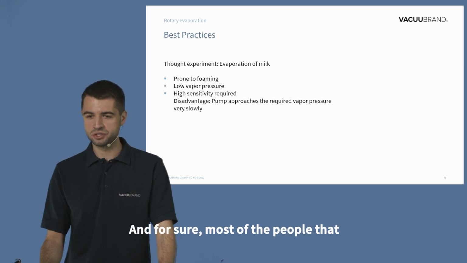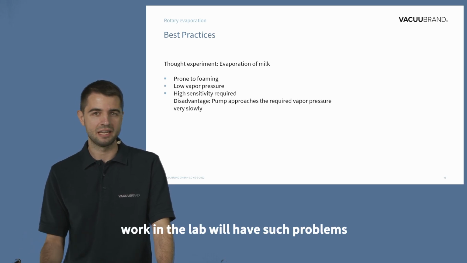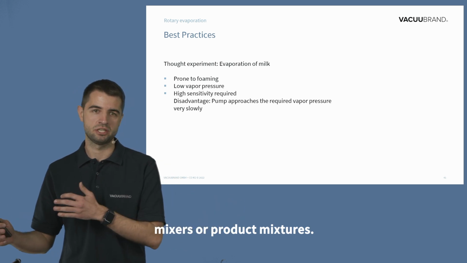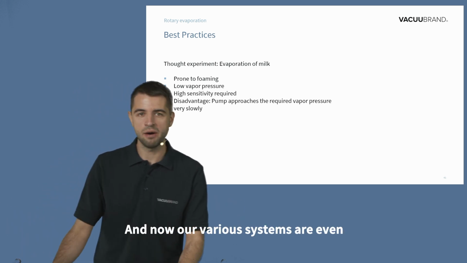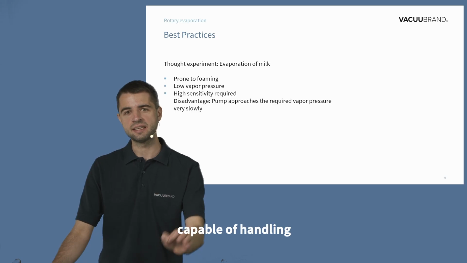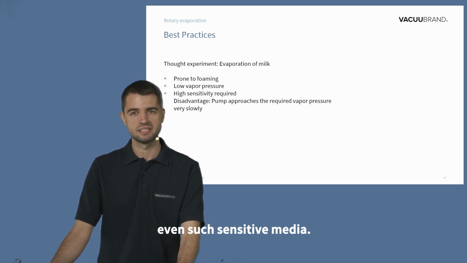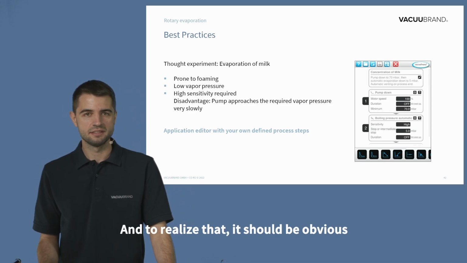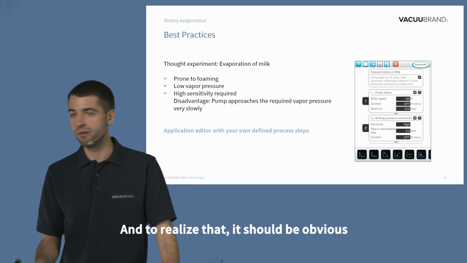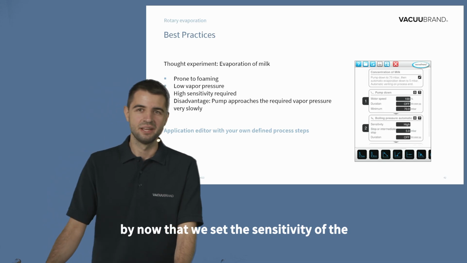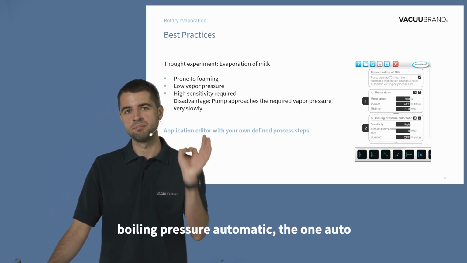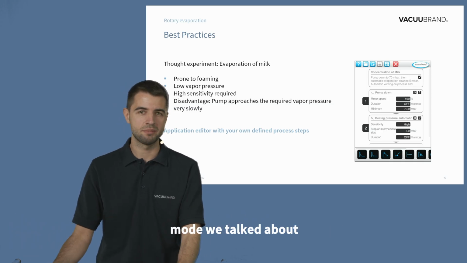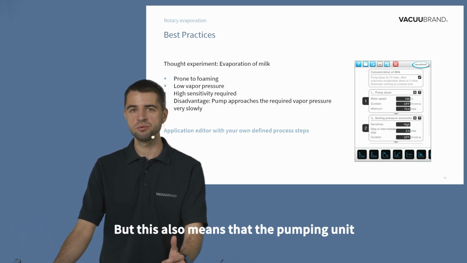And for sure, most of the people that work in the lab will have such problems with certain solvent mixtures or product mixtures. And now our various systems are even capable of handling such sensitive media. To realize that, it should be obvious by now that we set the sensitivity of the boiling pressure automatic, the auto mode we talked about earlier, in our editor to high.